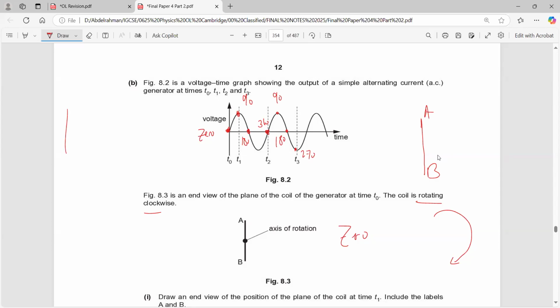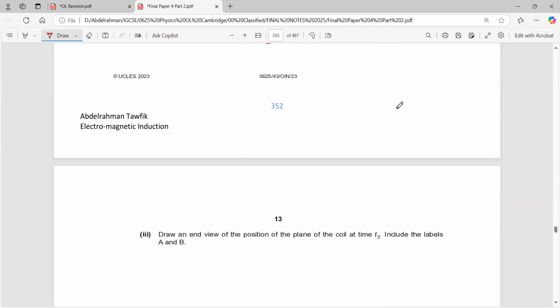A quarter of a rotation would be AB, a half rotation would be AB, but 3/4 of a rotation would give you A on the left hand side and B on the right hand side. It's moving in a clockwise manner.